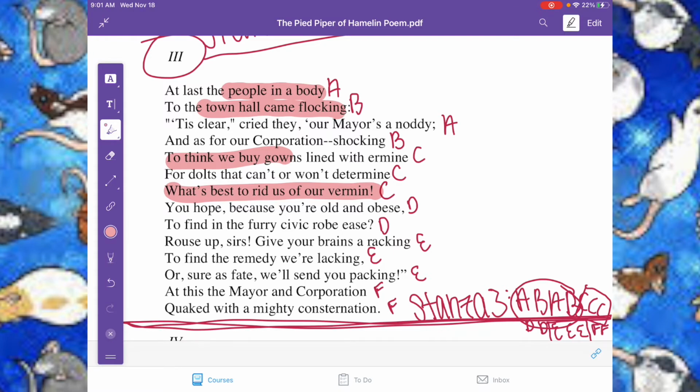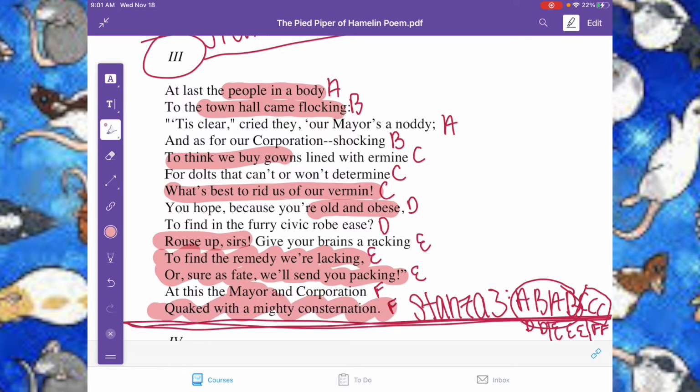And so they are attacking this guy. They're basically saying, you're old, you're obese, and you're not doing anything. So we're saying, rouse up, everyone, and you better start thinking and giving your brain a racking here. You have to find the remedy we're lacking, or sure as fate will send you packing. At this, the mayor and corporation quaked with a mighty consternation.